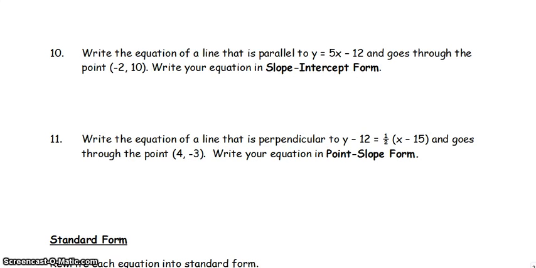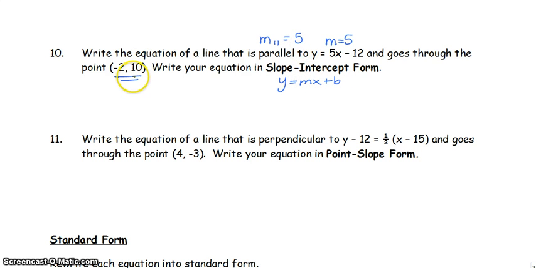For number 10, we want to write the equation of the line that is parallel to our given equation. Our given equation has a slope of 5. Therefore, our parallel slope is going to be the exact same, which is also 5. And we want it to go through the point negative 2, 10, and we want it to be in slope-intercept form. So we're given the slope, our parallel slope is going to be 5.